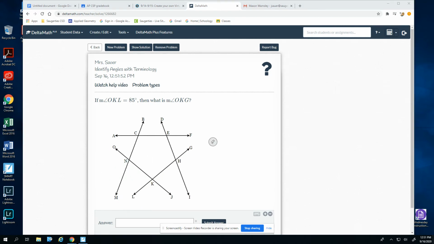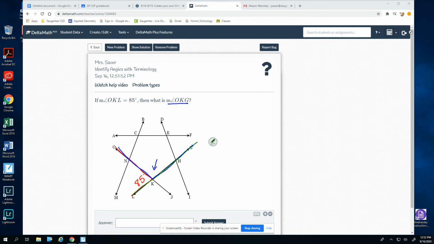So now we know OKL is 85, and we want to find OKG. So let's outline OKL. So this angle is 85, and we want to find OKG. So we'll outline that one in blue. So we're trying to find this angle here. I noticed that my two angles are on a straight line together. Does everybody see that?